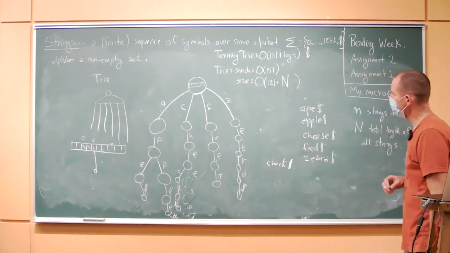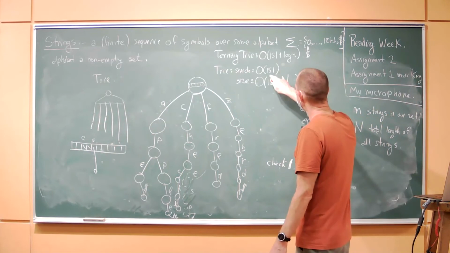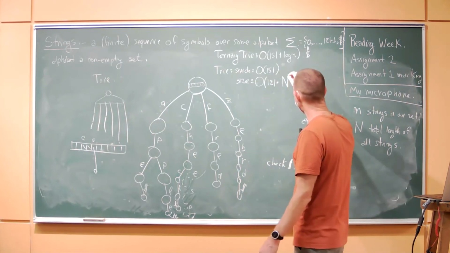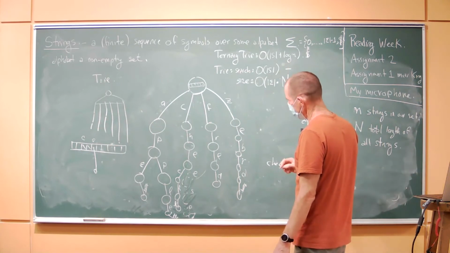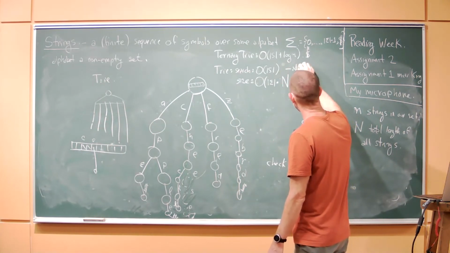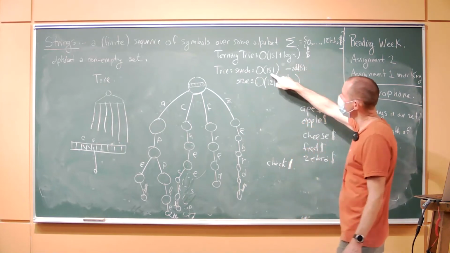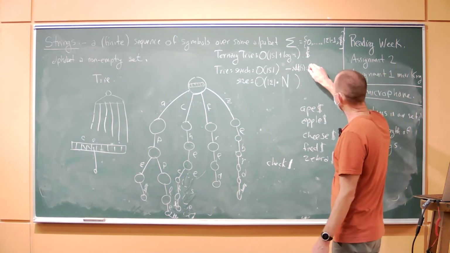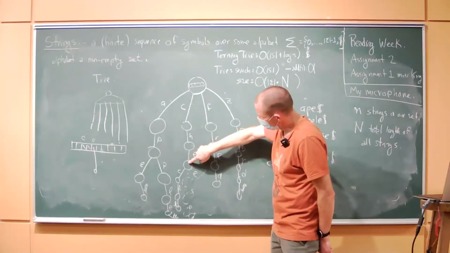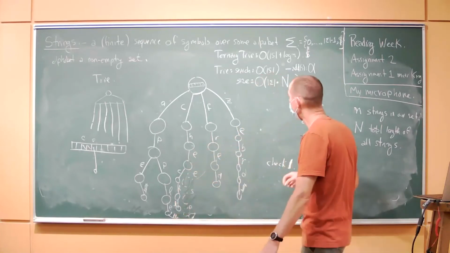So we can do these operations, but add, and certainly remove, are not the same speed as searching, because we reach a point where we have to create a new node for each character in the string we're adding.